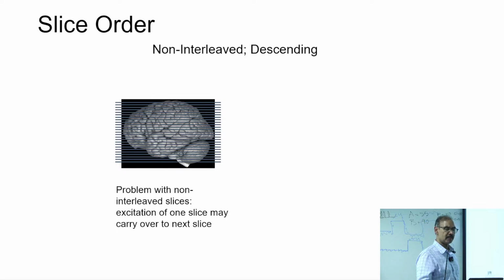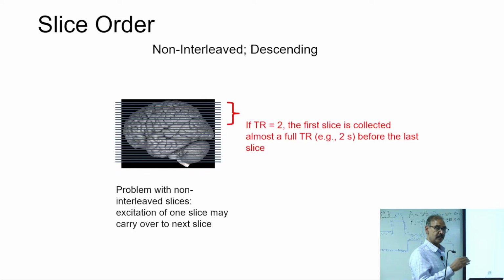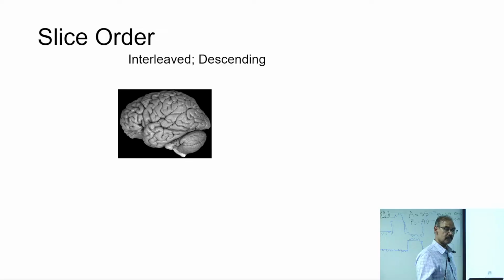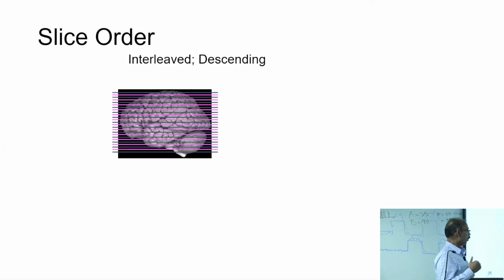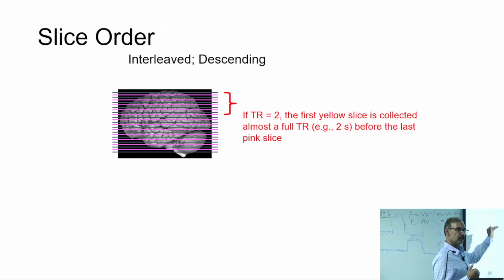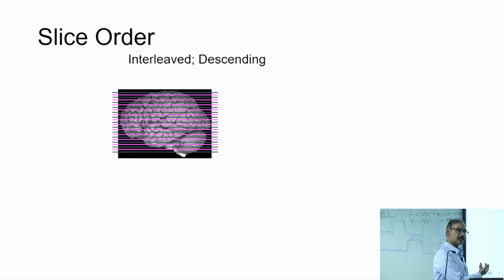The other one is interleaved descending, right? As I was saying, it would be 1, 3, 5, 7, 9 all the way till n, and then again 2, 4, 6, right? The trouble here is that between slice 1 and slice 2, how much will the difference be?